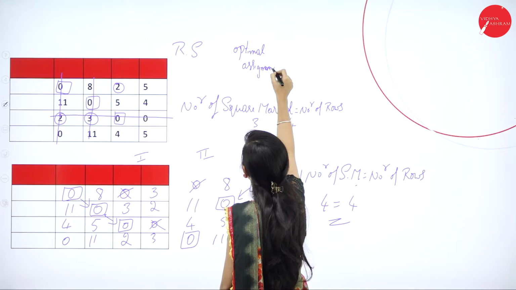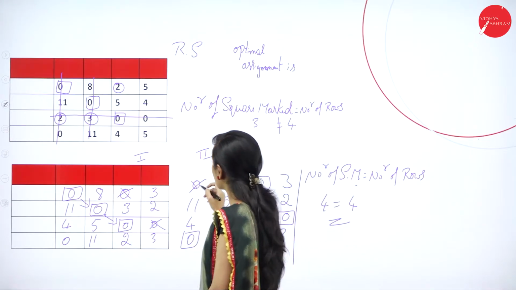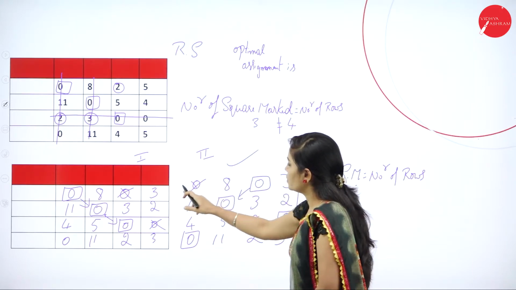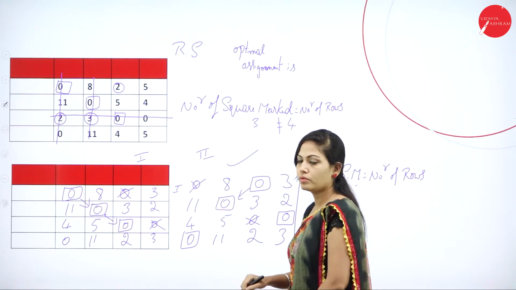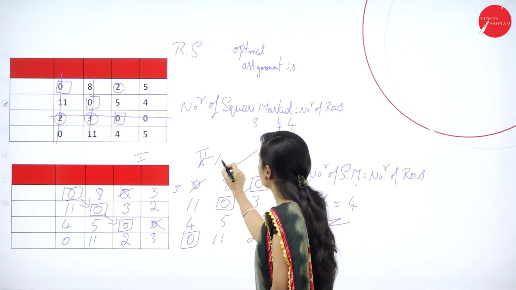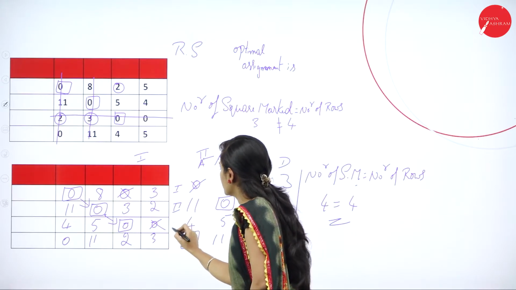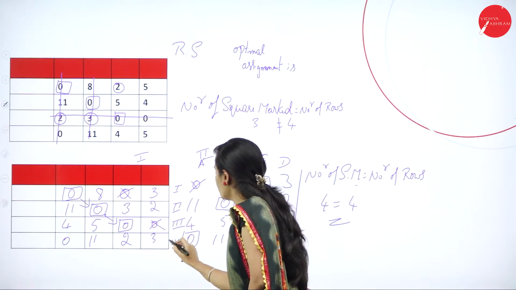So here, first row and third column. This is A, B, C and D. This is second row, third row and fourth row.